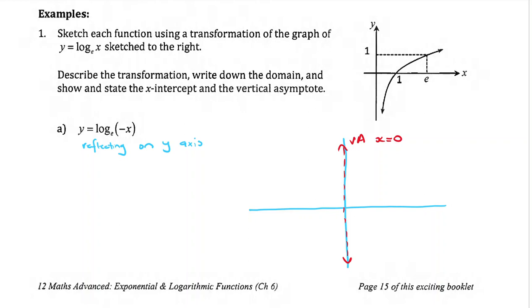My x-intercept will be moved over here to negative 1. If I do the other point as well, I could go out to negative e, and it would be up here at a positive 1. And my logarithm will come down like that.